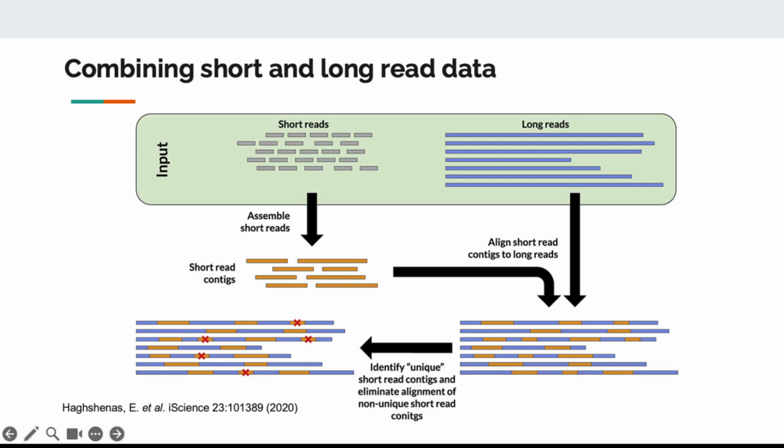With long read, you're probably going to see the entire chromosome, but you're not going to be so sure about the actual DNA sequence. If you combine the best of both worlds, you do long read first, so you get a good idea of the chromosome, like how long it is and the sequence composition of each region, and then you also do short read, and then you map the short read to the long read.